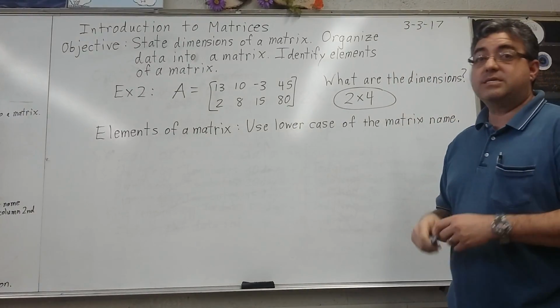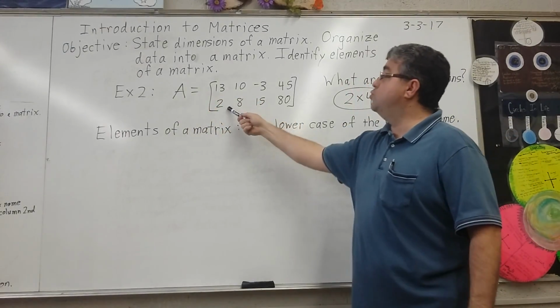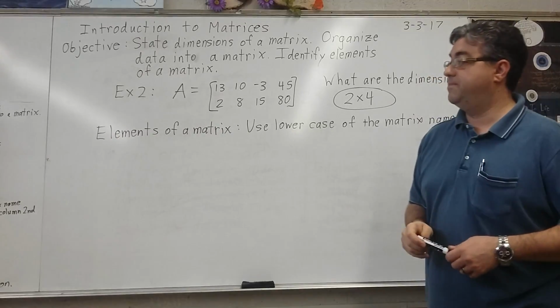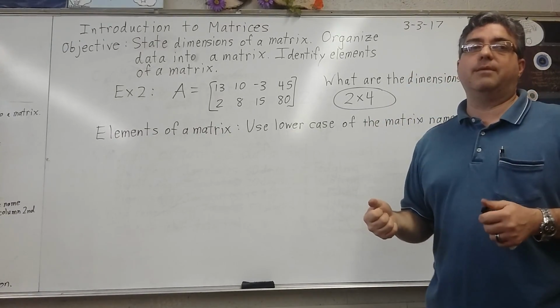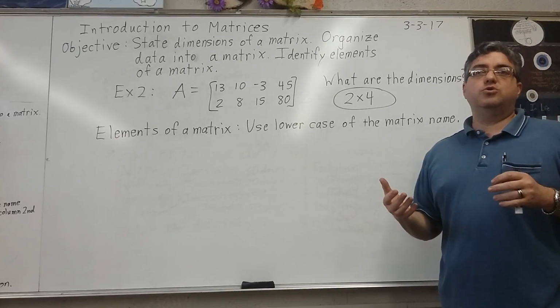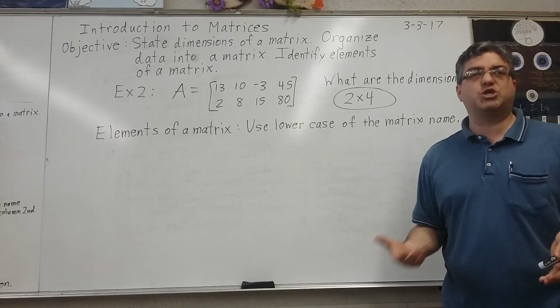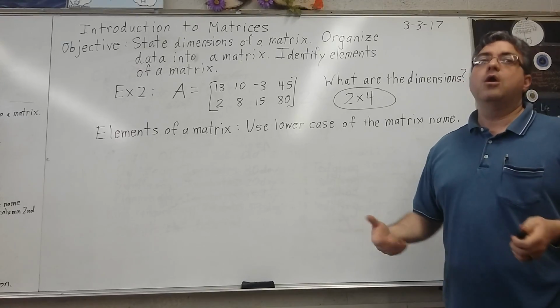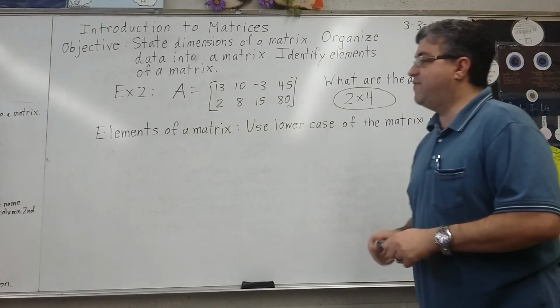When I say elements, 10 is an element of matrix A. 2 is an element of matrix A. And we have to be able to talk about which element we're talking about. This is going to be very close to finding a point on a graph. You have to be able to give directions on how to get there. We're going to give directions on how to get to a particular element of a matrix.